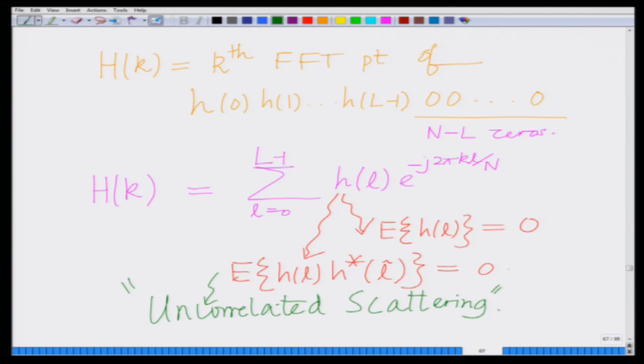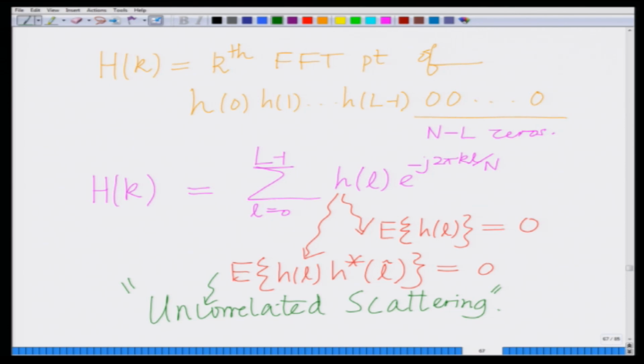So, what are we assuming? We are assuming that each channel coefficient h l is a Rayleigh fading channel coefficient, which means each h l is complex Gaussian. We are assuming that each h l is zero mean, the expected value of h l is 0. The correlation between two different channel coefficients, the expected value of h l times h conjugate l tilde, is equal to 0, which means that the coefficients are uncorrelated.